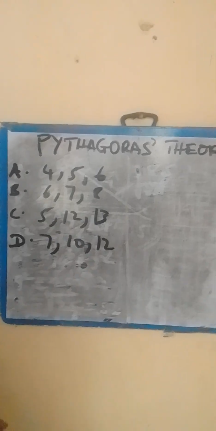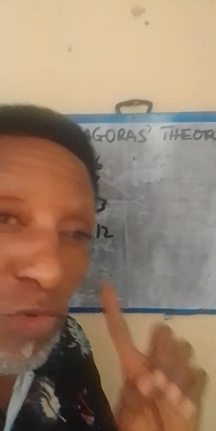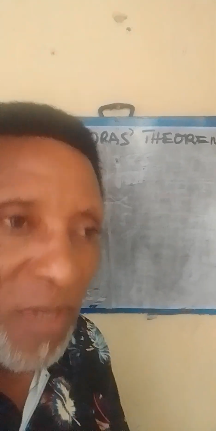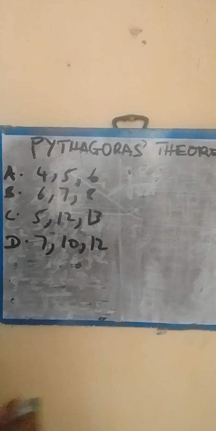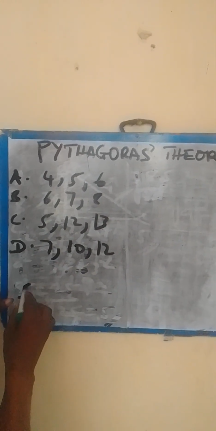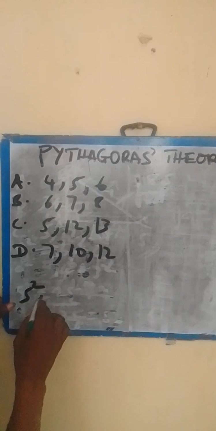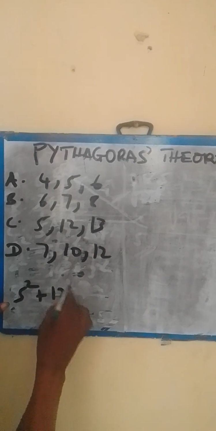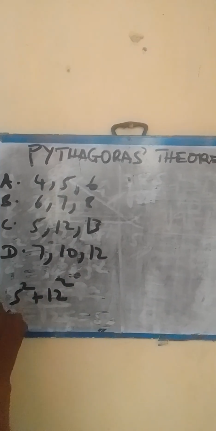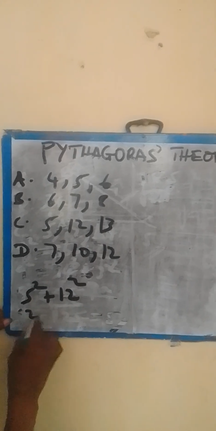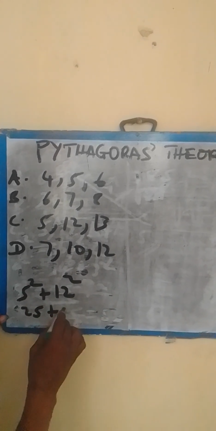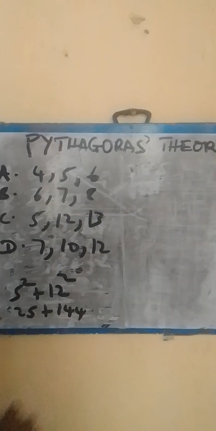So let us see. For time's sake, I want to use the proper answer, and the proper answer is C. Now let us look at C. It will become 5 squared plus 12 squared. 5 times 5 is 25, plus 12 times 12 is 144.